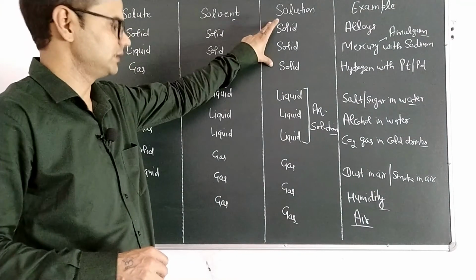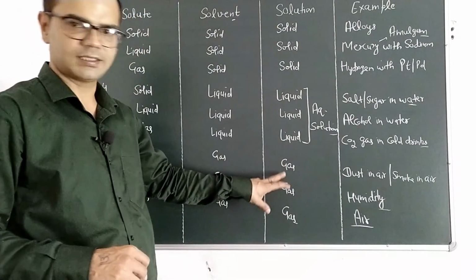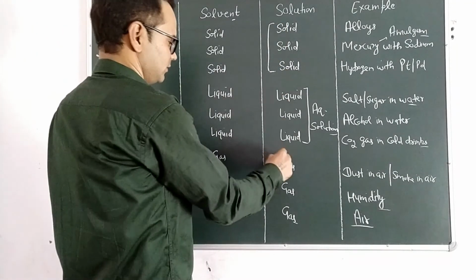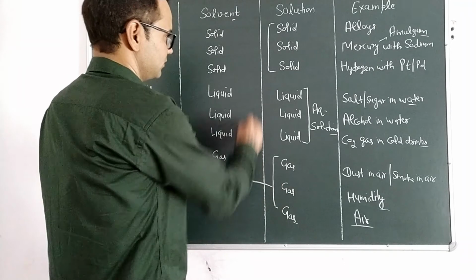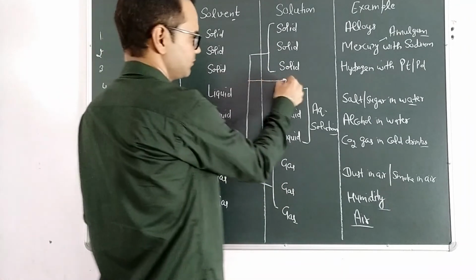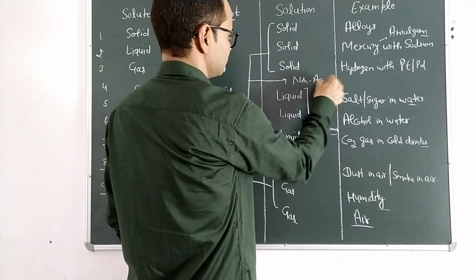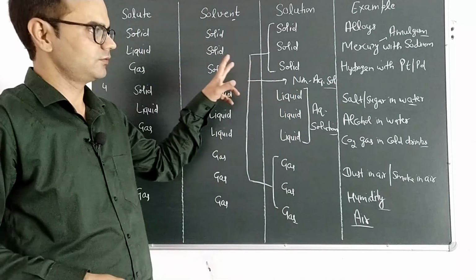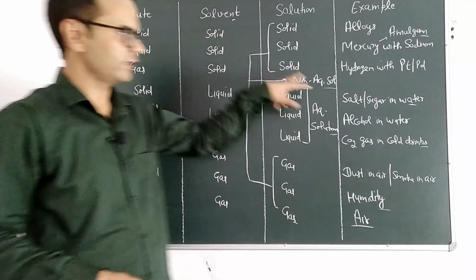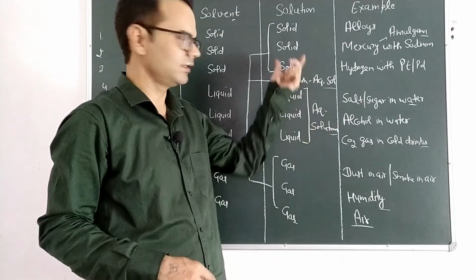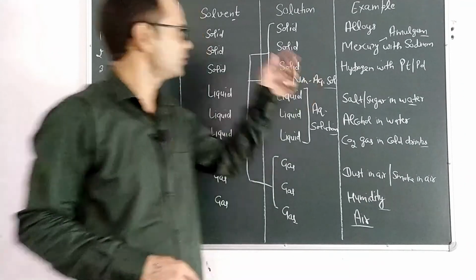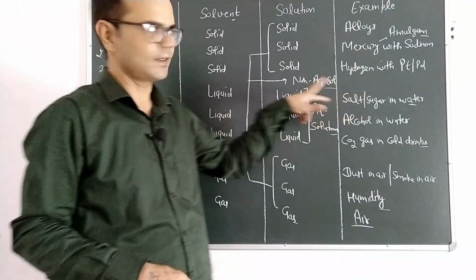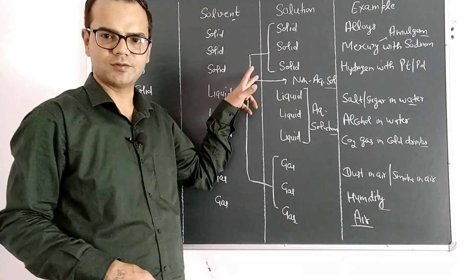The remaining 3 of solid state and 3 gaseous are called non-aqueous solutions. So we have 6 non-aqueous solutions and 3 aqueous solutions. Total 9 solutions are possible on the basis of physical state with suitable examples. In the next lecture, we will start the concentration of a solution.